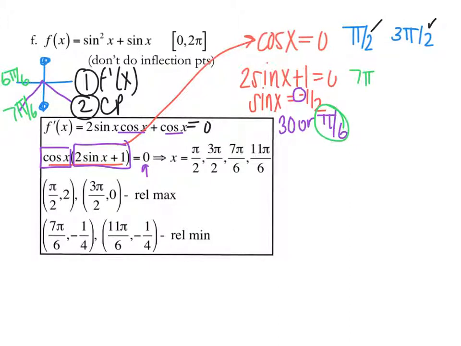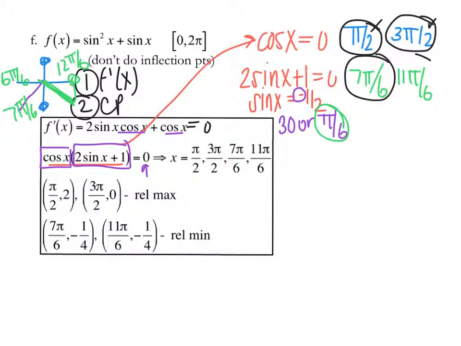So sine of x is -1/2 at 7 pi over 6. And then over here, to figure out the radians for that, I do 12 pi over 6, that's my 2 pi, go down 1 to get 11 pi over 6. So these are my critical points: pi over 2, 3 pi over 2, 7 pi over 6, and 11 pi over 6.